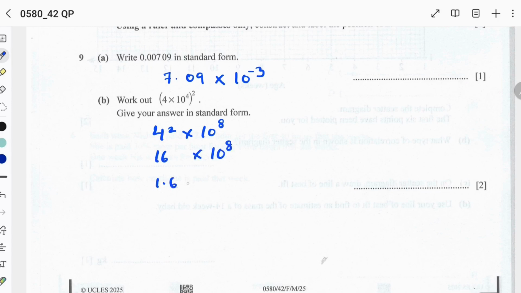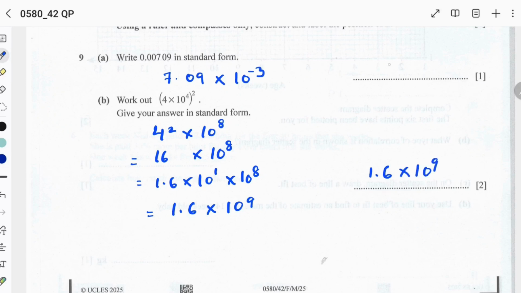That will be 1.6 into 10 to the power 1 for making 16 into standard form, and 10 to the power 8. So 1.6 into 10 to the power 9. So this is your answer, 1.6 into 10 to the power 9. The previous was 7.09 into 10 to the power minus 3.